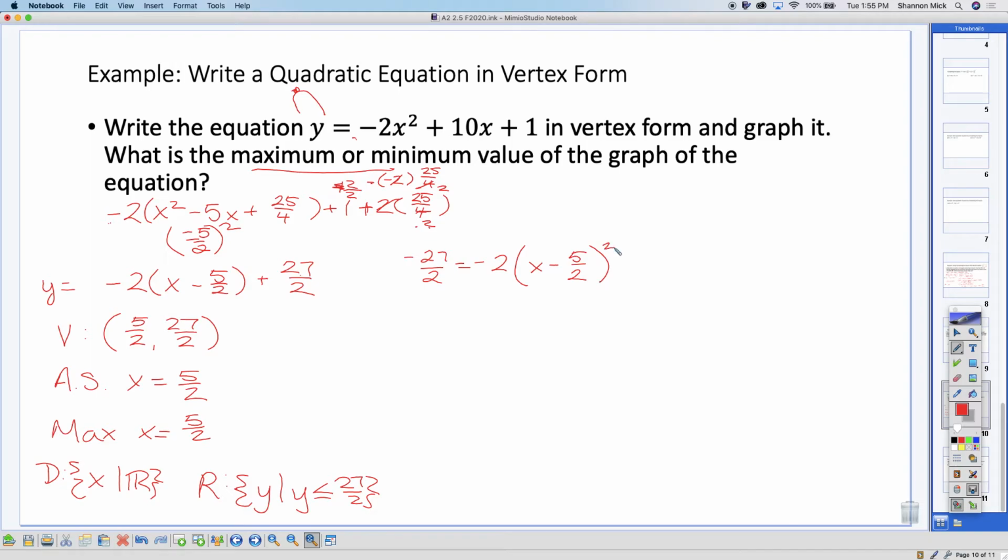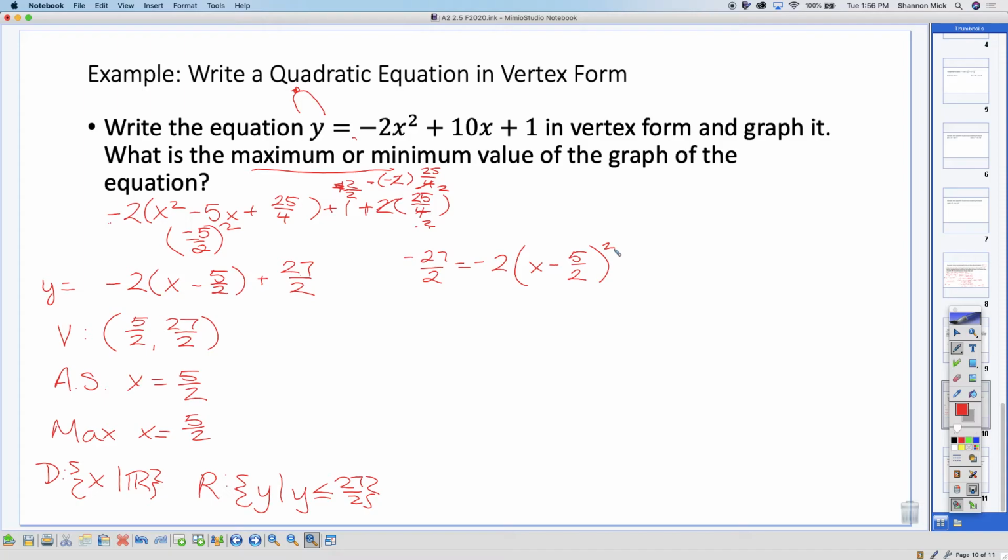Now take -2 times x and -2 times 5. Nope. I have a squared on that. Order of operations tells me I have to square the quantity before I would distribute. Can't I just divide by -2? Yes. So dividing by -2 is the same as multiplying by what? -1/2.